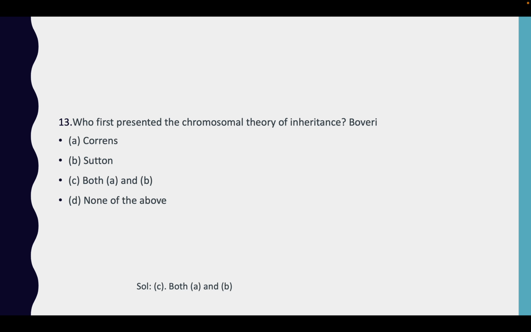As time passed, scientists Weiss, Correns, and Schermak discovered chromosomes which existed inside the nucleus. Then Sutton and Boveri observed the behavior of chromosomes when the cells were divided. So here, who first presented it will be Boveri and Sutton, and then later Correns gave his concept.